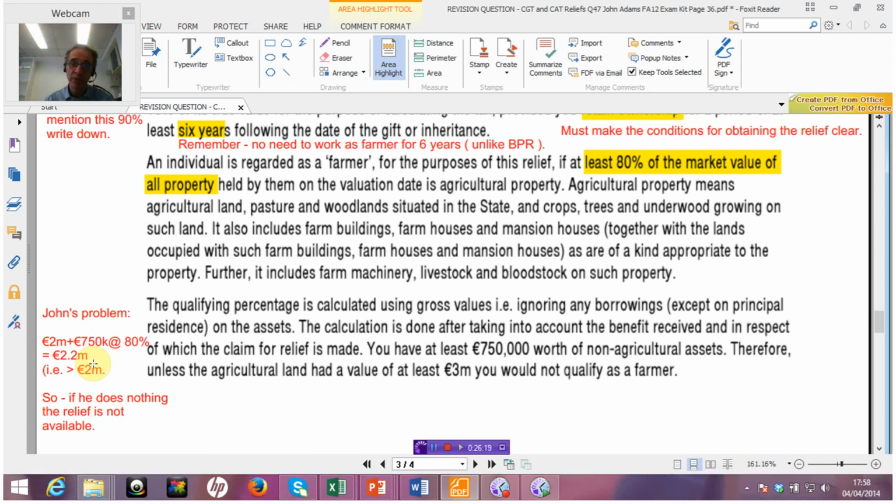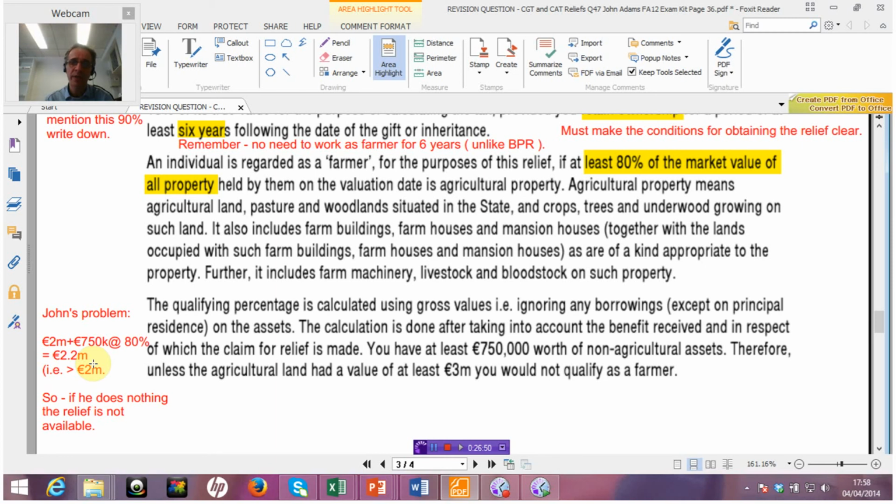So broadly speaking, it's a straight 80% of the market value of all property, including the value of the transfer, less any PPR mortgage. Okay, so in essence then, John's situation is such that if he doesn't do anything, he can't avail of the relief. But if you put yourself in his situation, I expect you'll agree with me that what you'd be thinking of, and what we would be thinking of in practice, is, is there anything that we can do?